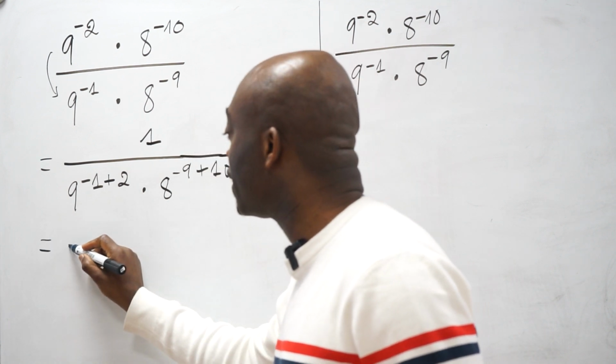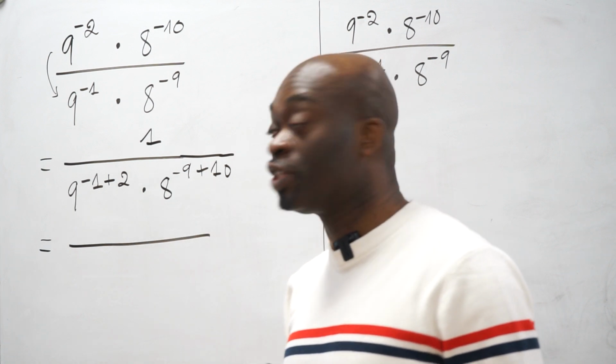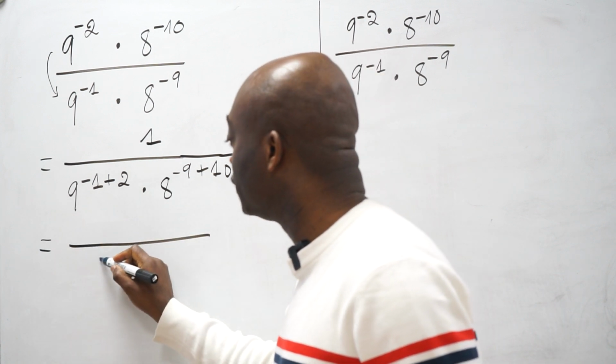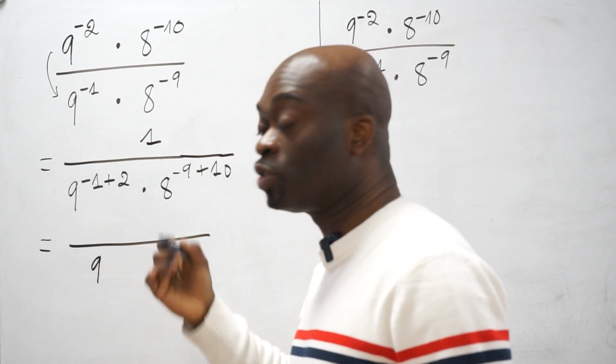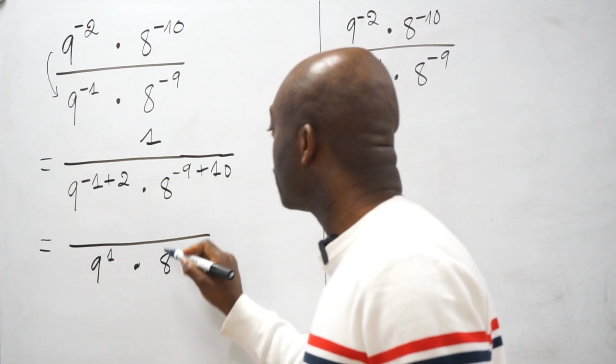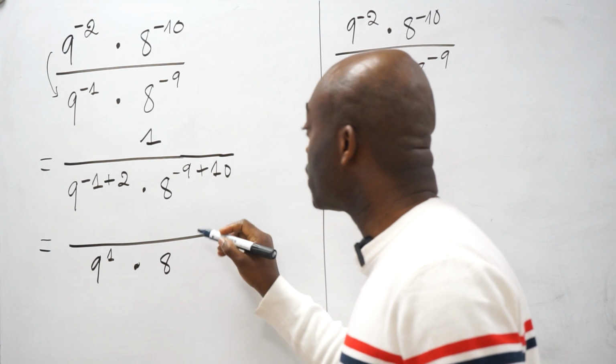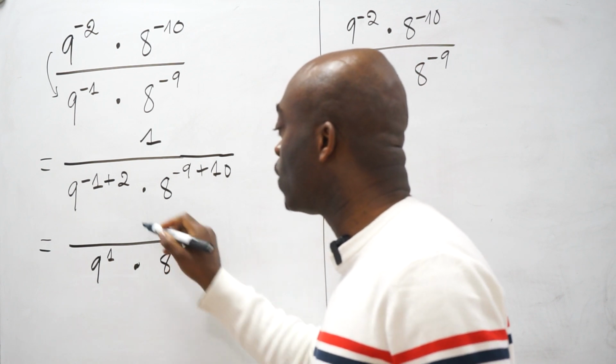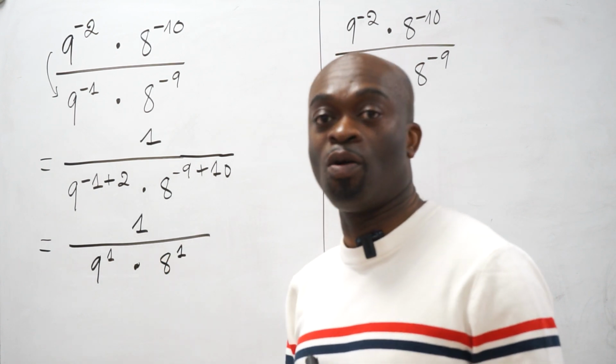We still have our division bar. So 9, negative 1 plus 2 is what? Positive 1, times 8, negative 9 plus 10, which is positive 1 as well. We still have to claim our 1 here.